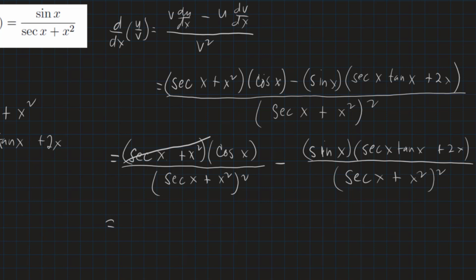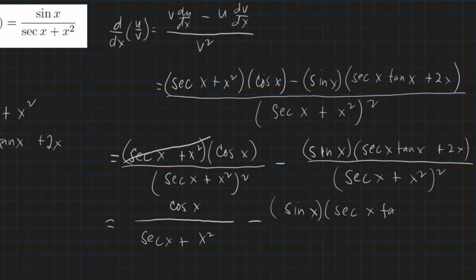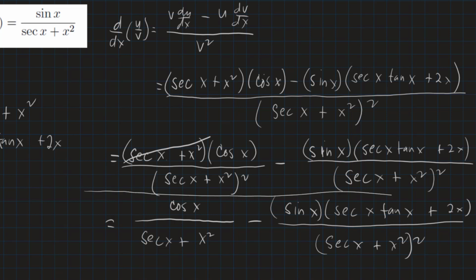So ang matitira is cosine x over secant x plus x squared minus, ito wala na tayong babaguhin dito. Okay na to. Sin x secant x tangent x plus 2x all over secant x plus x squared quantity squared. So this is our final answer.